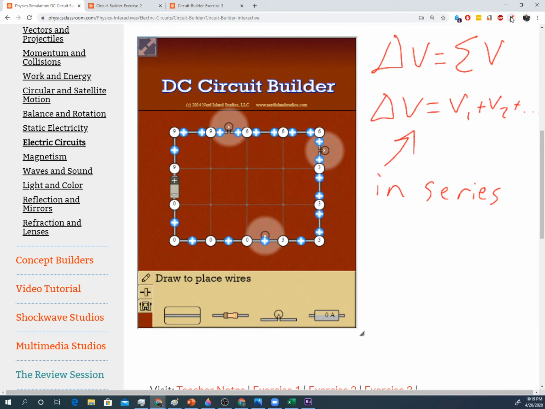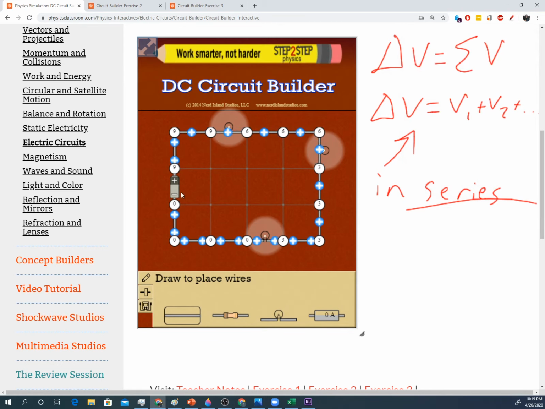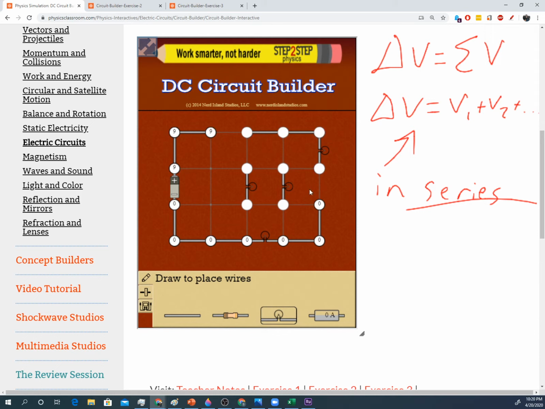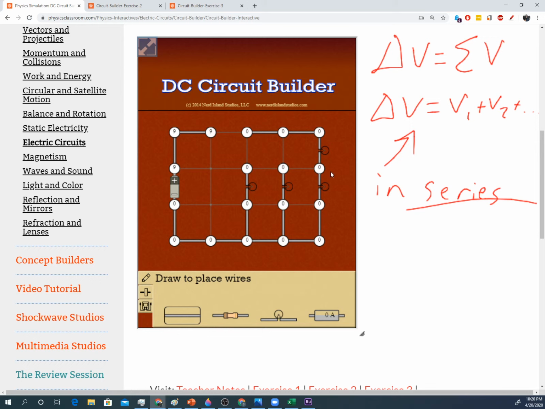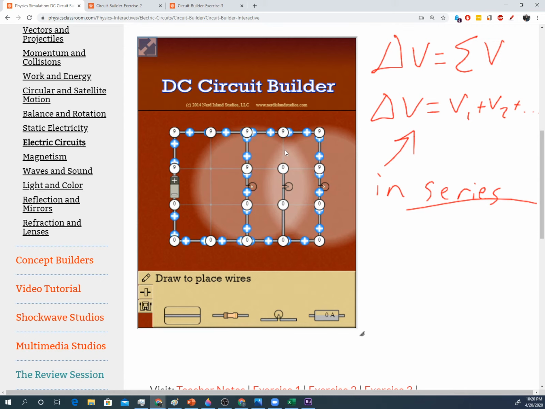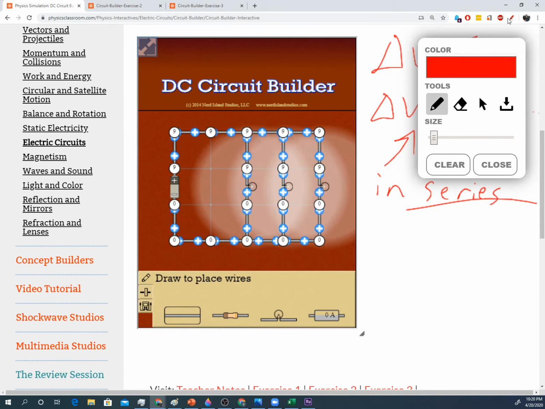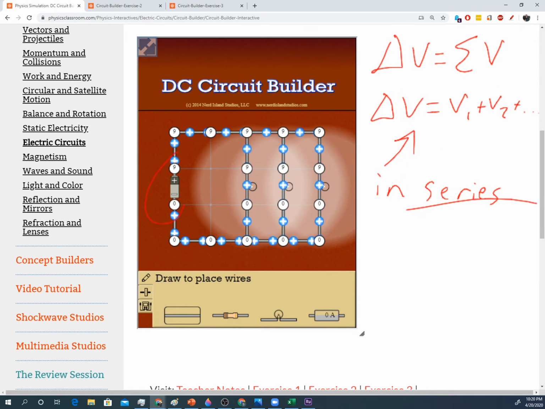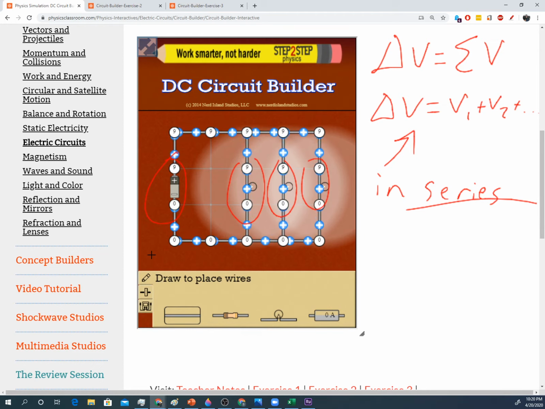And we talked about how when you were in parallel, something different was happening. If I take my light bulbs and put them instead so they are in parallel, or in other words, they're parallel to one another, then we can see here that when they are in parallel, the voltage drop across the battery as compared to each light bulb is identical.